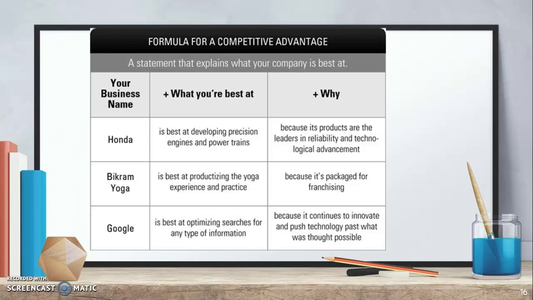Bikram Yoga is best at producing the yoga experience and practice. Why? Because it's packaged for franchise. Google, what's it best at? It's best at optimizing searches for any type of information. Why? Because it continues to innovate and push technology past what was thought possible.